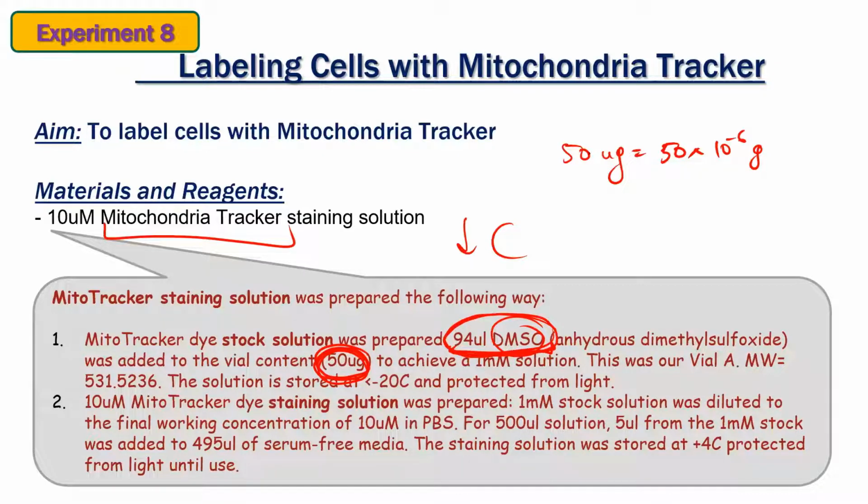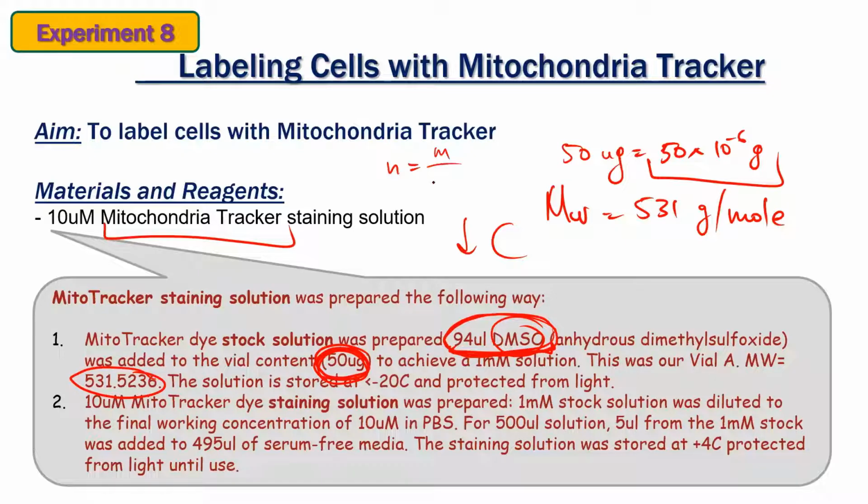So what we do, we take this amount of the MitoTracker, and we know its molecular weight, which is in grams per mole. Then we need to identify the amount of this substance.